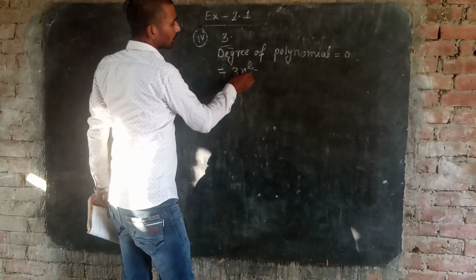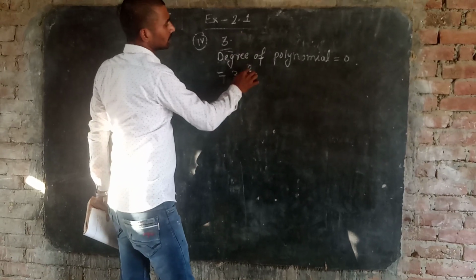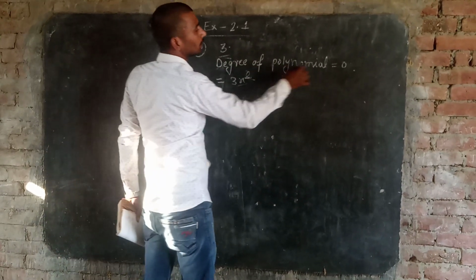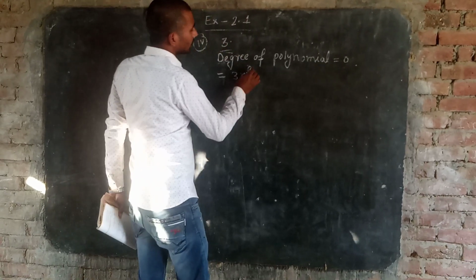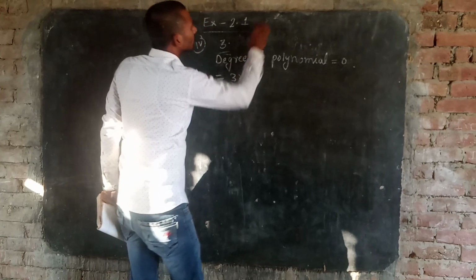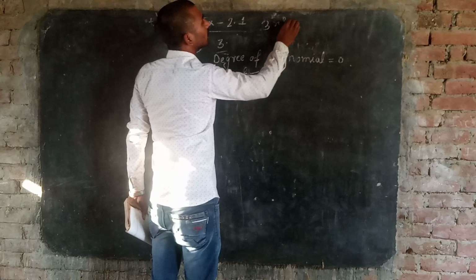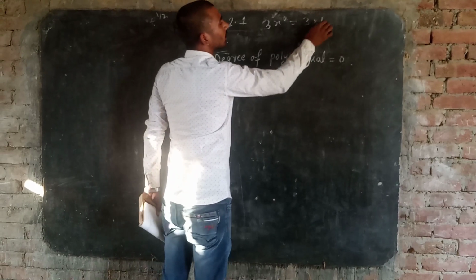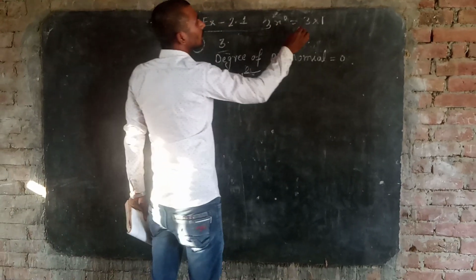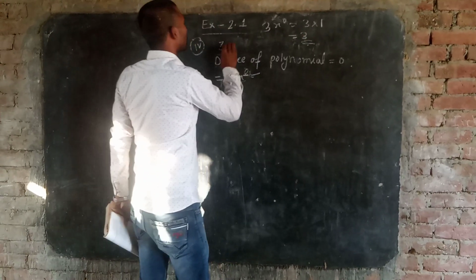Here the variable is x and the degree is 0, so the highest power is 0. We can explain this: 3x power 0 means 3 into 1, so 3 into 1 equals 3. We get the constant term 3.